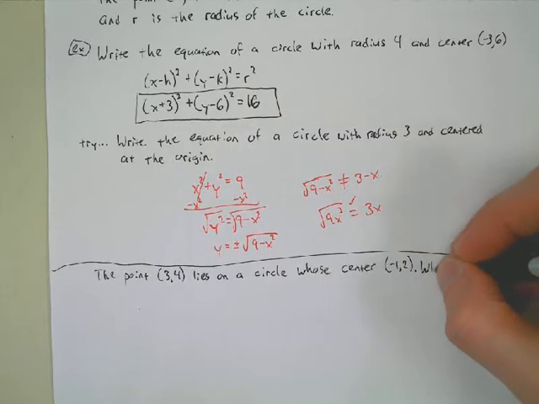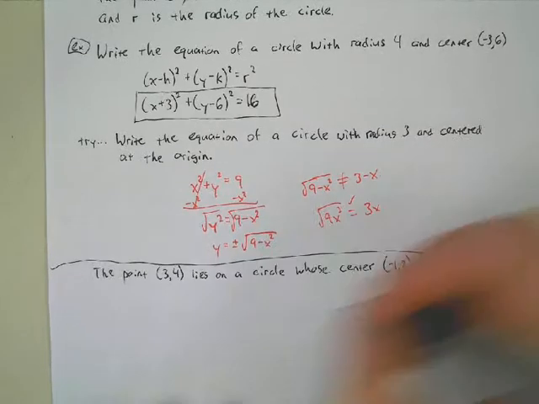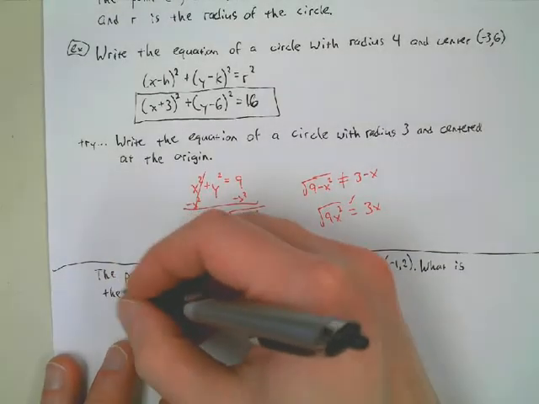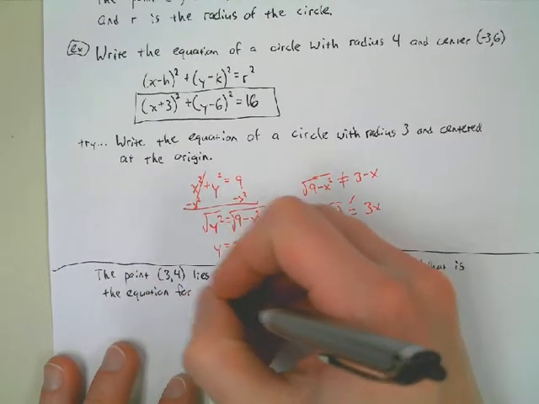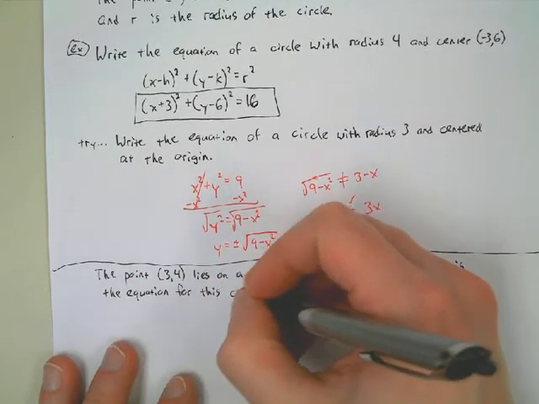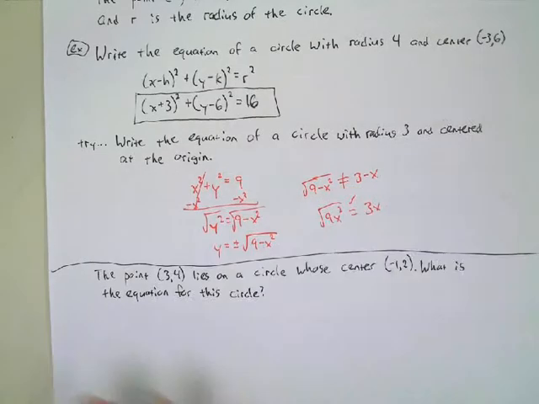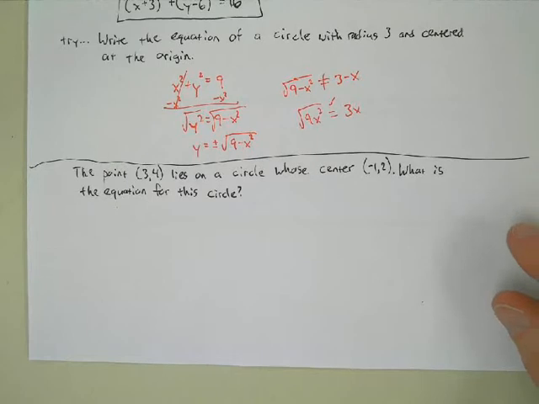What is the equation for this circle? So the point 3, 4 lies on a circle whose center is -1, 2. What is the equation for this circle? Huh.